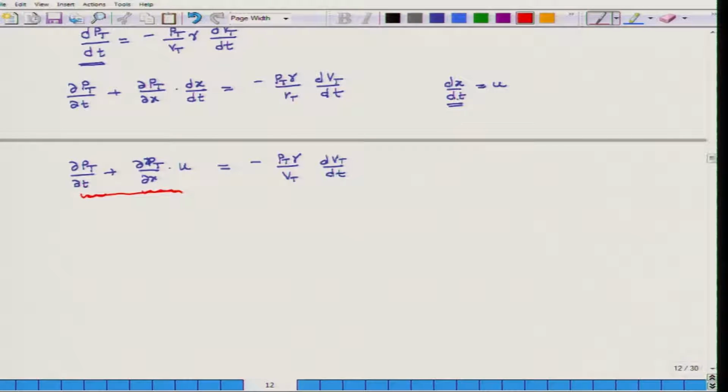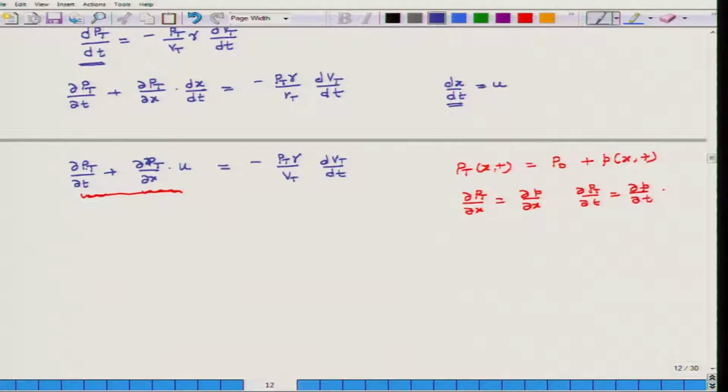So, we realize that Pt, which can change with x and time, is equal to P naught plus p of x and time. So, del Pt over del x is equal to del p over del x, and del Pt over del t is equal to del p over del t.